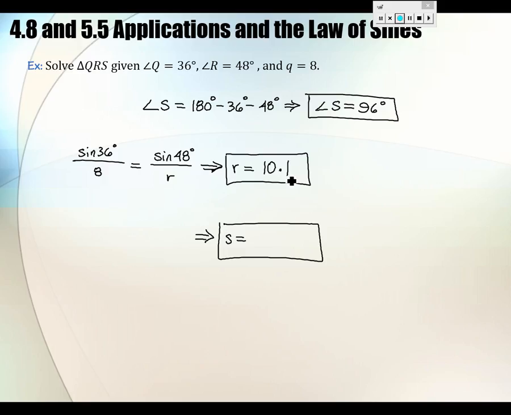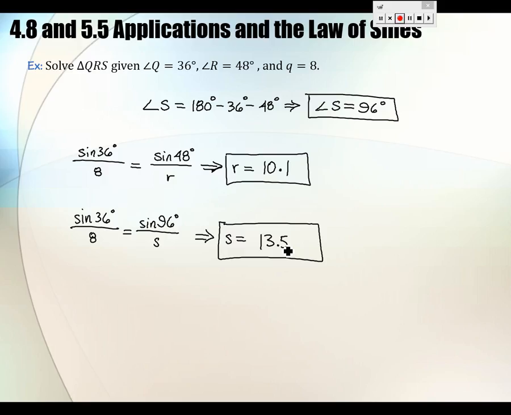So whatever, we'll leave it there. And then similar work will get us S. What'd you get? 13.5? Someone confirm that? Yeah? Good.